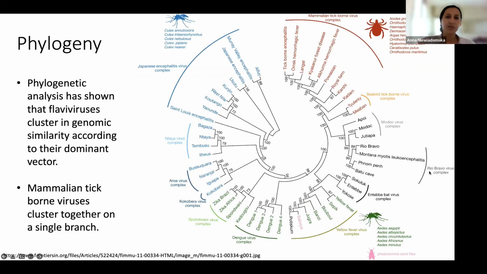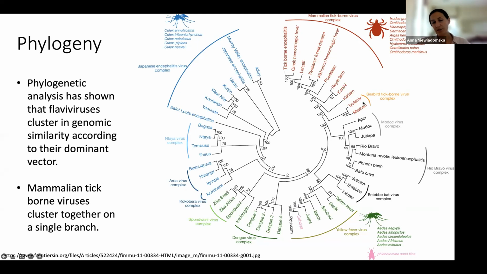And this is just a quick overview of the phylogeny of these tick-borne flaviviruses. And as I mentioned, they're quite related to each other, but it also turns out that they cluster in terms of their genomic similarity, depending on the vector that they're transmitted by. So over here, we have this nice cluster in red, and these are our tick-borne virus complex.